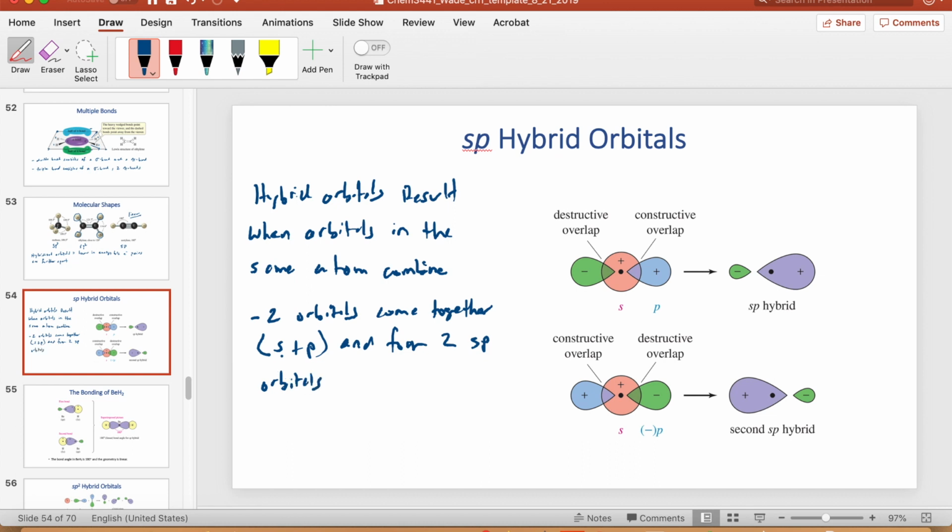In these sp orbitals we have our linear geometry, and this gives us a 180-degree bond angle.